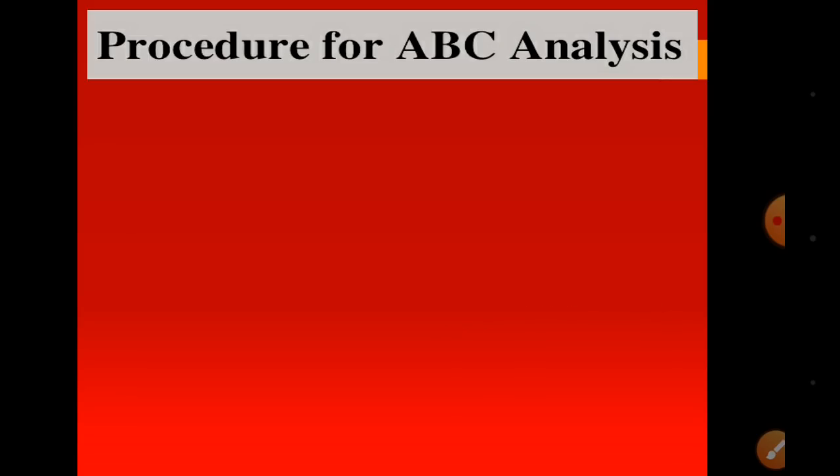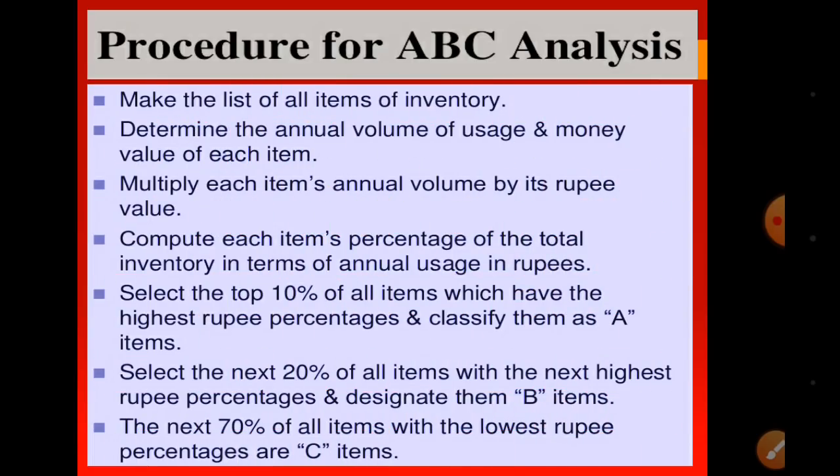Now, procedure for ABC analysis. Make the list of all items of inventory at first. Next, determine the annual volume of uses and money value of each item. Next, multiply each item's annual volume by its rupee value. Next, compute each item's percentage of the total inventory in terms of annual uses in rupees.